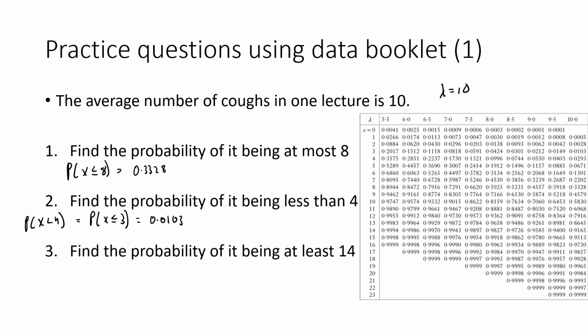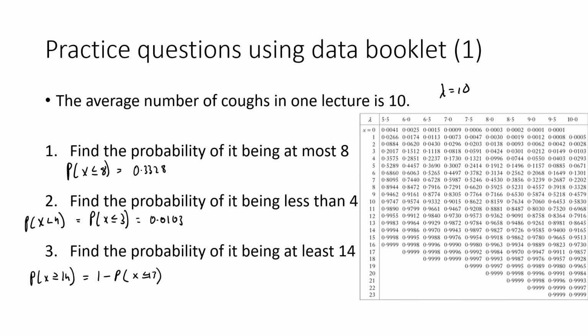Okay, find the probability of it being at least 14. The probability of x being greater than or equal to 14. So to find this, it's the same as 1 minus the probability of x being equal to or less than 13.